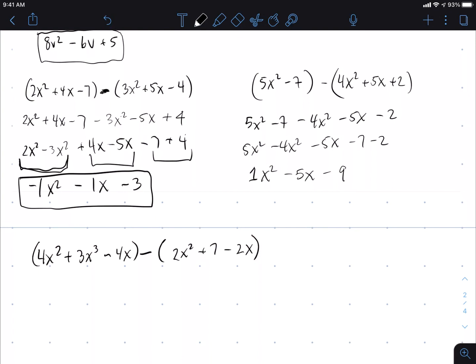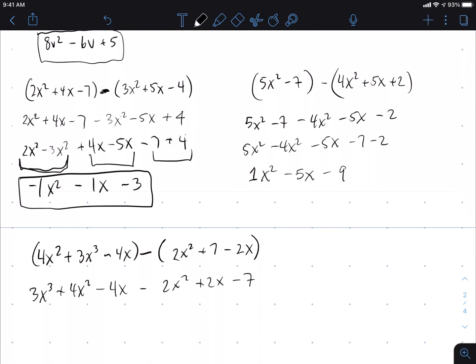Oh, we lost people. That's funny. Okay, you want me to do it? Yes, please. So I'm just writing it so it's in descending order. And then I'm going to change signs.